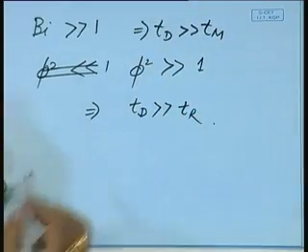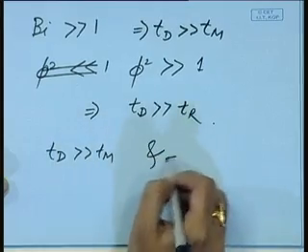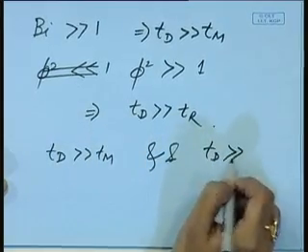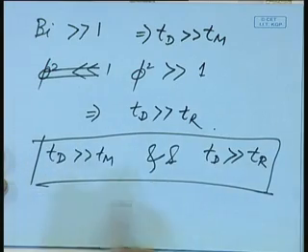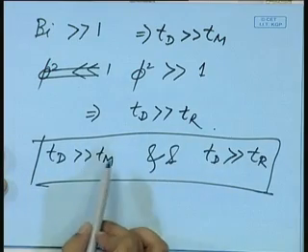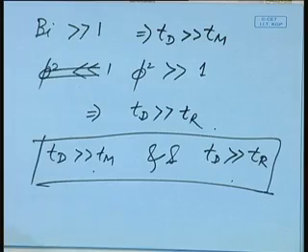Okay. So, Td is much greater than Tm and Td is much greater than Tr. Now, I cannot write the kind of inequality I wrote before, because I do not know the relationship between Tm and Tr, but one thing I know is that Td is the slowest of all. So, it is now limited by internal diffusion.